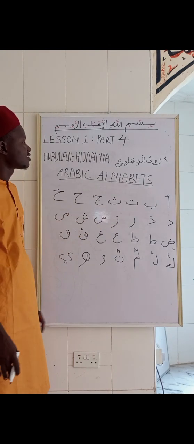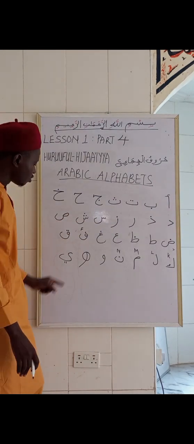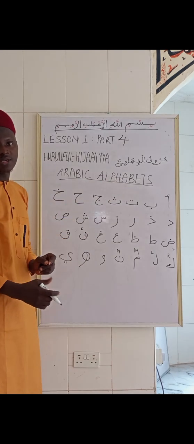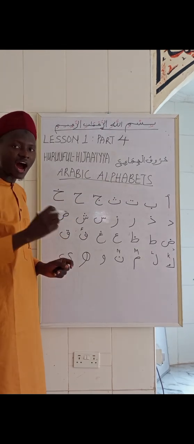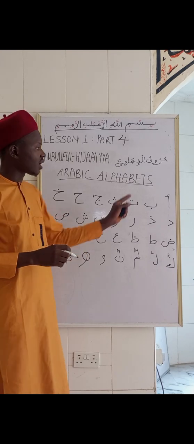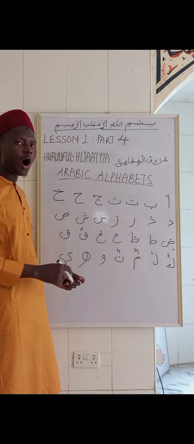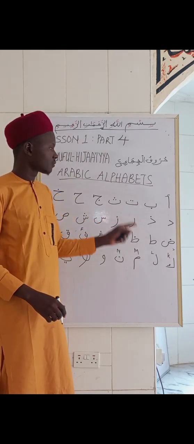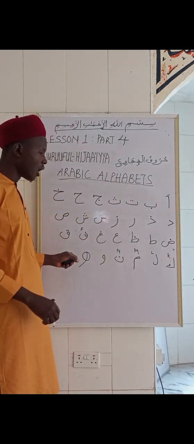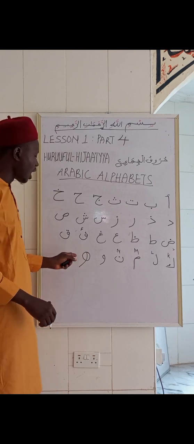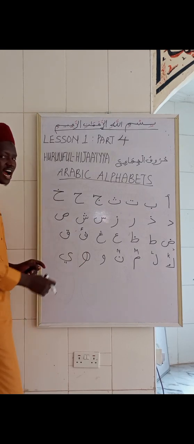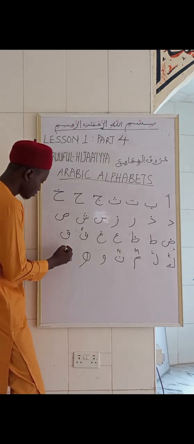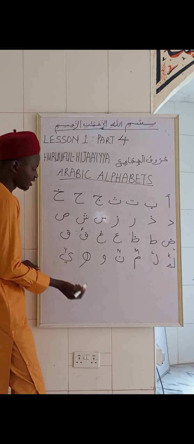So this one is going to be the bigger form of Hamza, that's why they say big ha. If you call this one ha, this one will not be ha. Is that understood? Ha. Then this one is ya. Ya is equivalent to Y in the English.